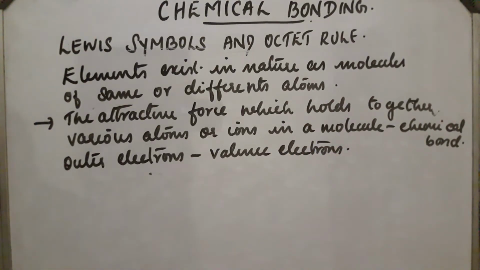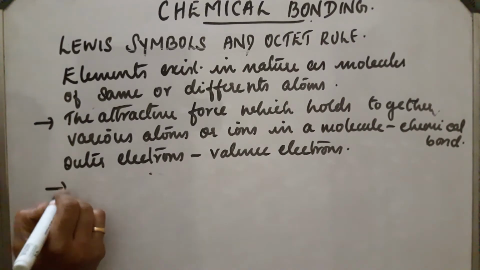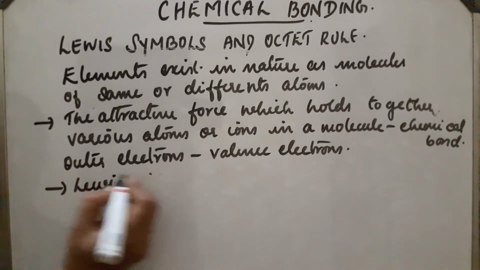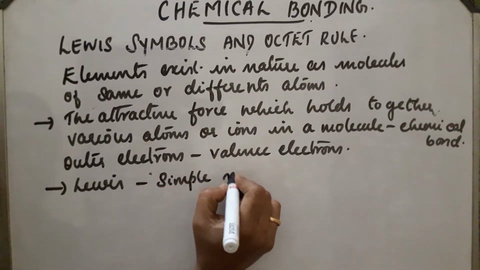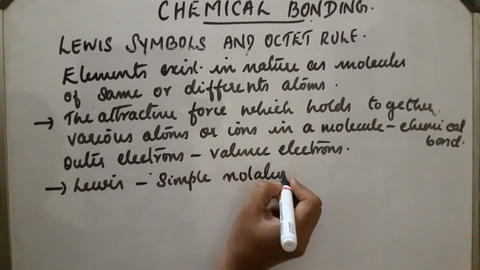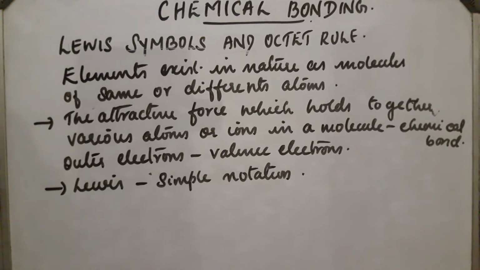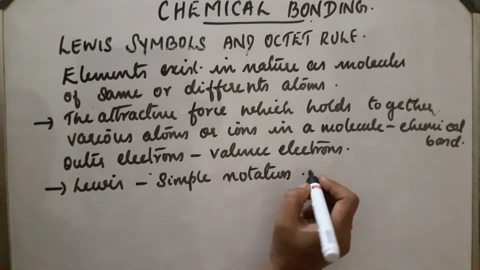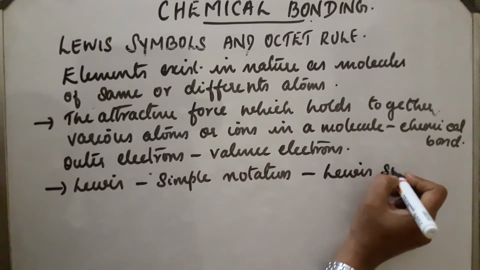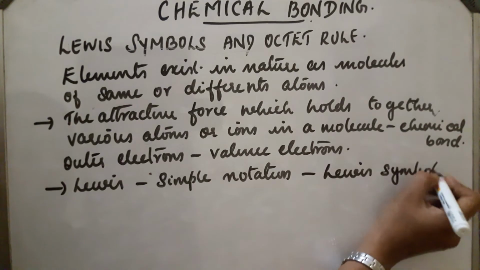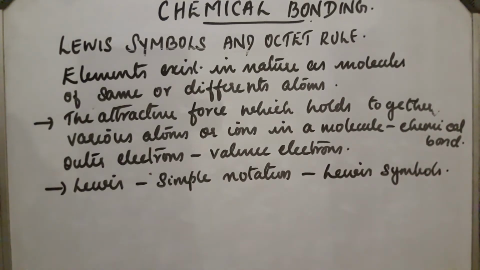Lewis introduced a simple notation to represent these valence electrons, and this is called Lewis symbols, or Lewis electron dot structures.